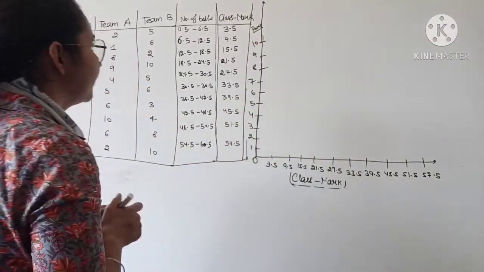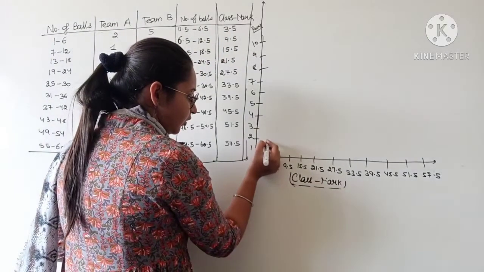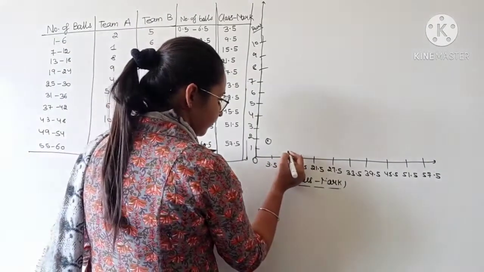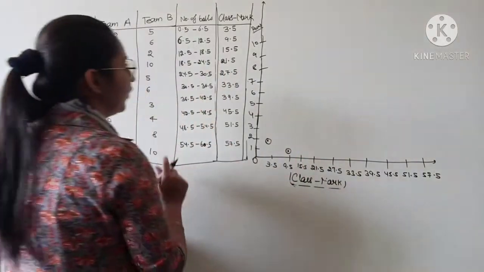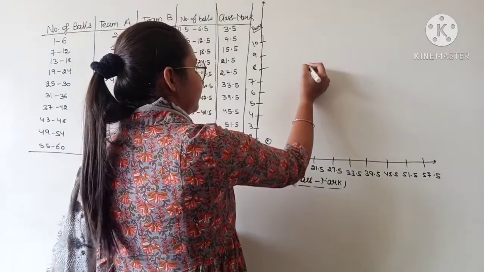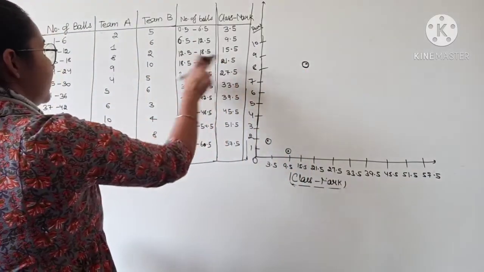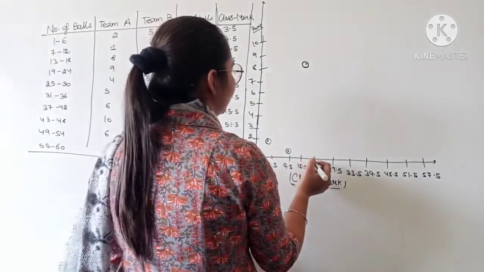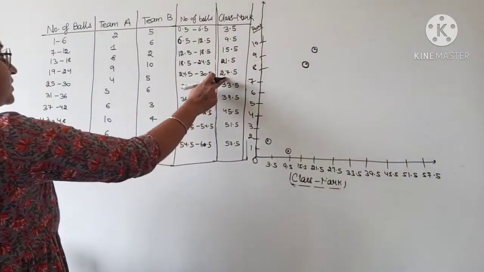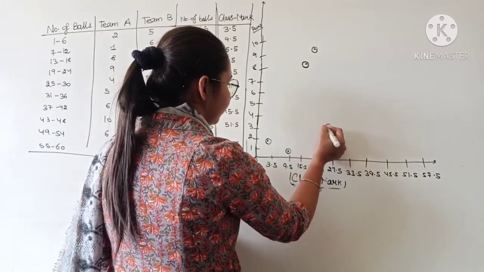Now first point is 3.5 comma 2. It means 3.5, 2. Second point is 9.5 comma 1. Third is 15.5 comma 8. Fourth is 21.5 and 9. Then 27.5 and 4.